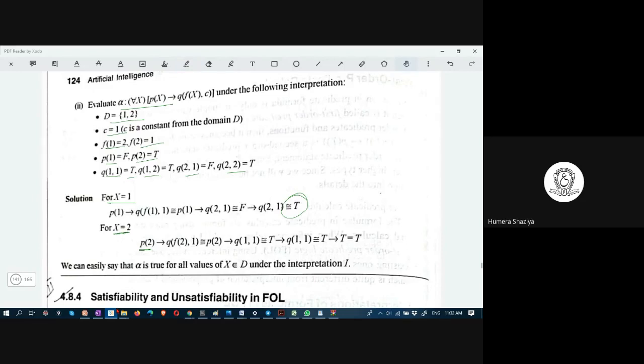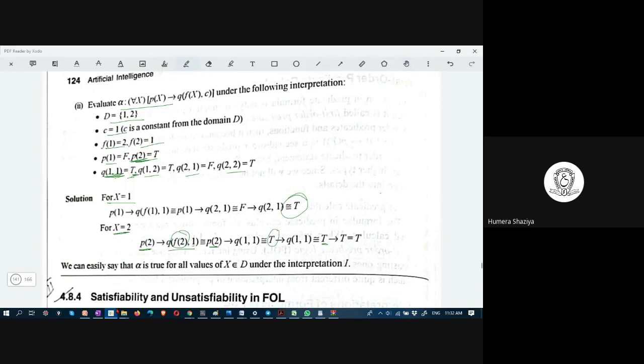True implies Q of f of 2 comma 1. F of 2 means 1, so this is P of 2 implies Q of 1 comma 1, which is true implies true.